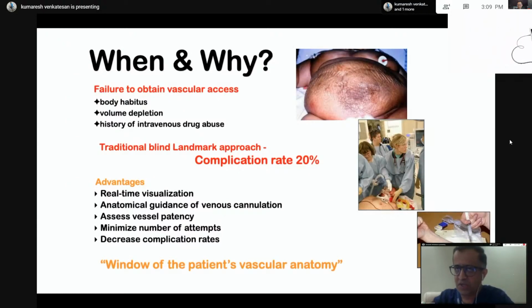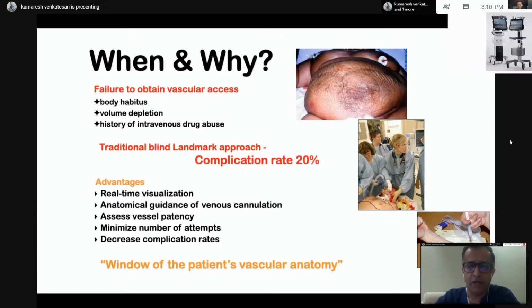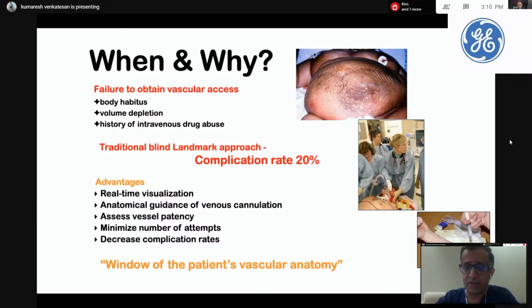So when we started 30 years ago, how did we perform central venous cannulation? We used a landmark technique. We only used point-of-care ultrasound when it was very difficult or we were in a clinically challenging situation. But when we started using ultrasound, we realized that the problem with the landmark technique was that the complication rates were quite high, about 20%. When we started using ultrasound in real time, we were able to get good anatomical guidance to perform the cannulation.